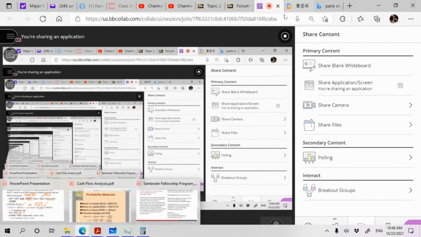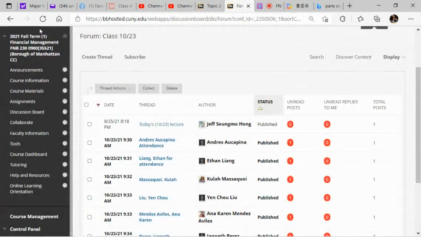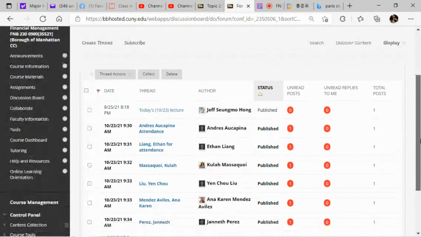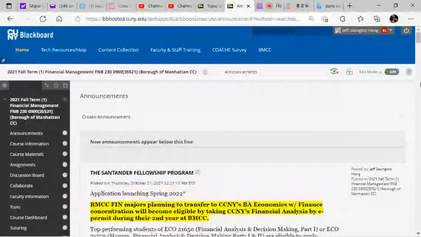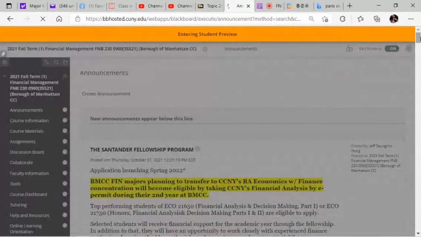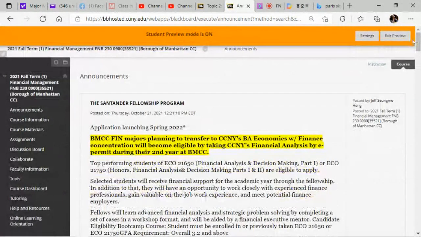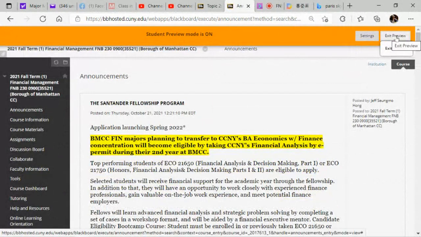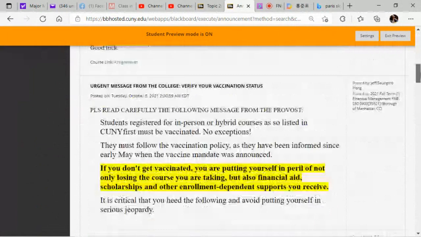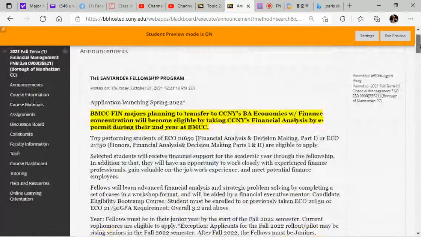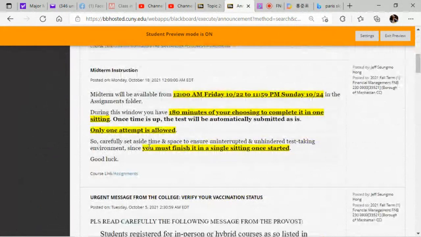So I don't know if you have noticed, but the midterm was posted, right? It was posted on October 18th, Monday, this Monday.